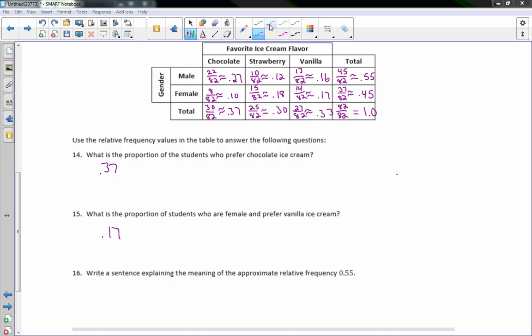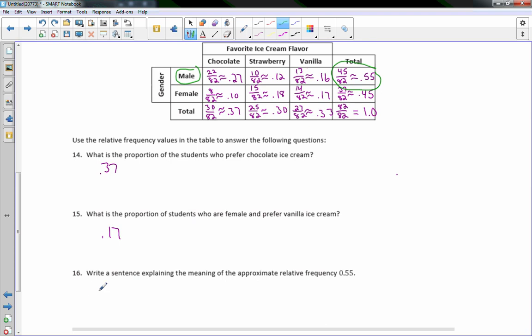Okay, number 15 says, what is the proportion of students who are female? Oh, I'm sorry, 16. Write a sentence explaining the meaning of the approximate relative frequency of 0.55. So I look up here and I'm looking for 0.55 and it's right here. Well, that's the total males in the survey.